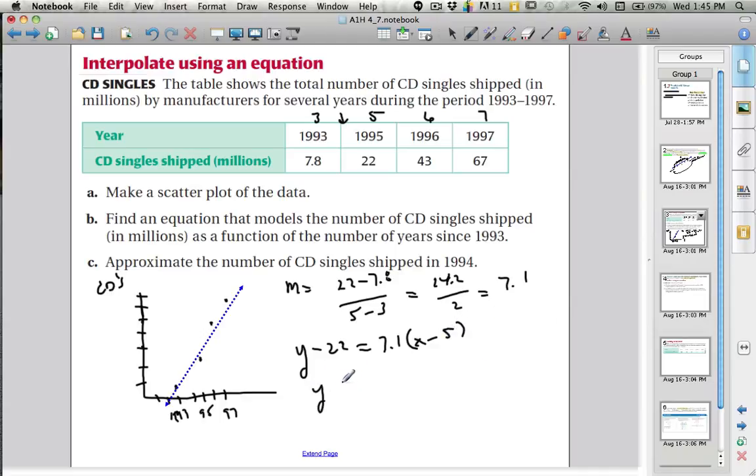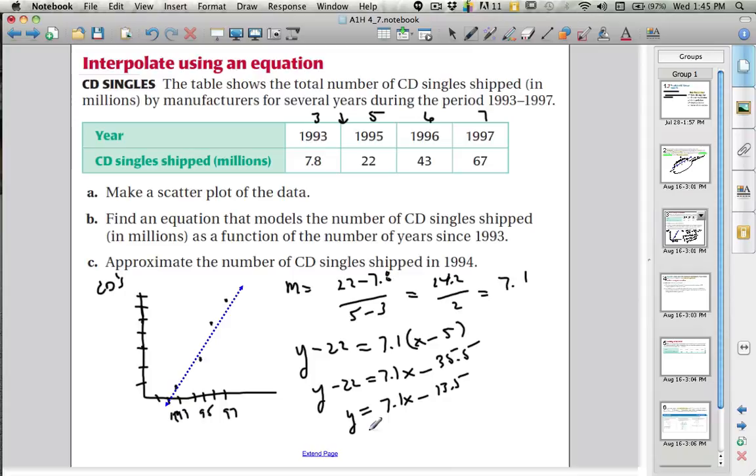So y minus 22 is equal to 7.1x minus 5 times 7.1, which is 35.5. And when I add 22 to either side, y is equal to 7.1x minus 13.5.